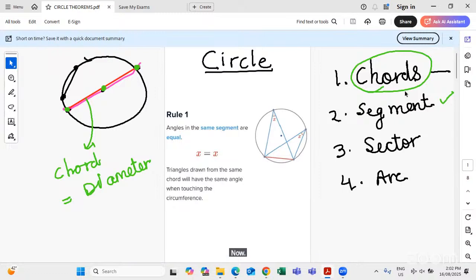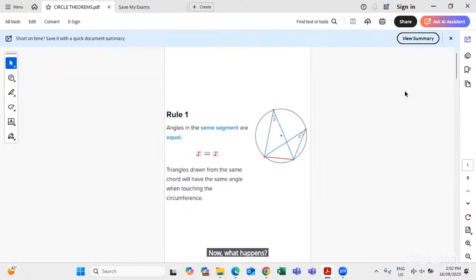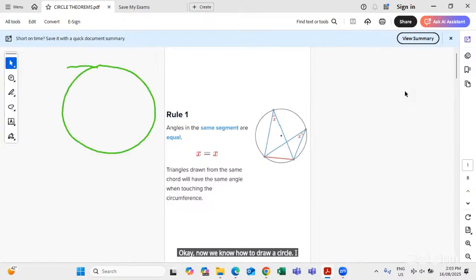Now what happens when I draw one circle? Okay, now we know how to draw a circle. I draw a chord. I take the 2 points and I join them and it gives me one chord.